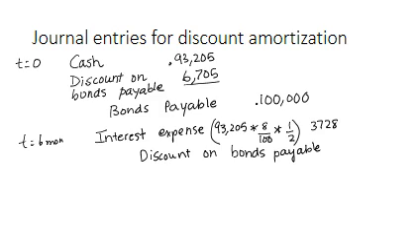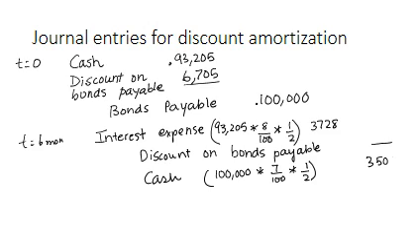Now the discount on bonds payable that is credited has to be calculated after calculating the interest payment, which is 100,000 times the stated interest rate times half, which is 3,500.